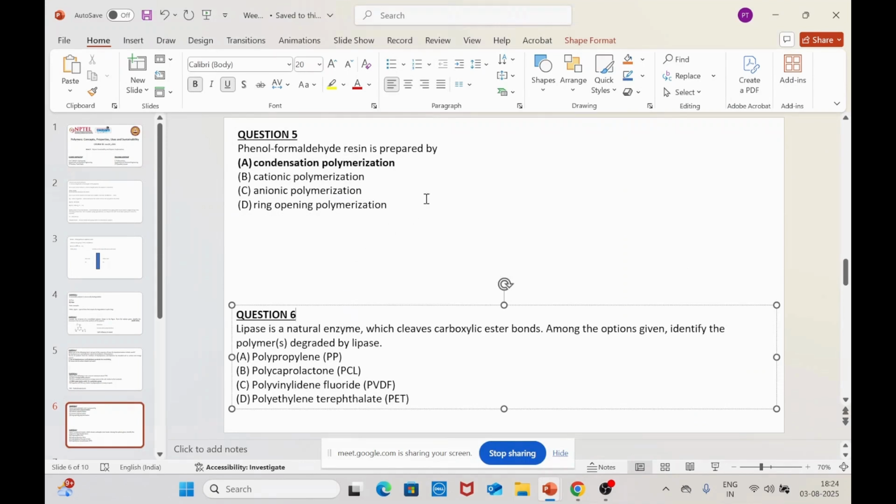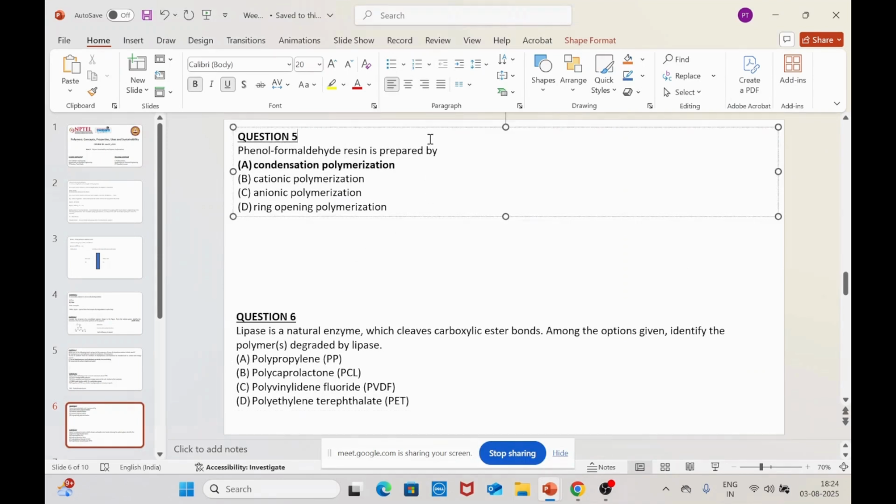Whenever we discuss these things, we also need to think critically. If I give you two different monomers, we should be in a position to know what kind of reaction these two monomers can undergo so that they can form polymers.